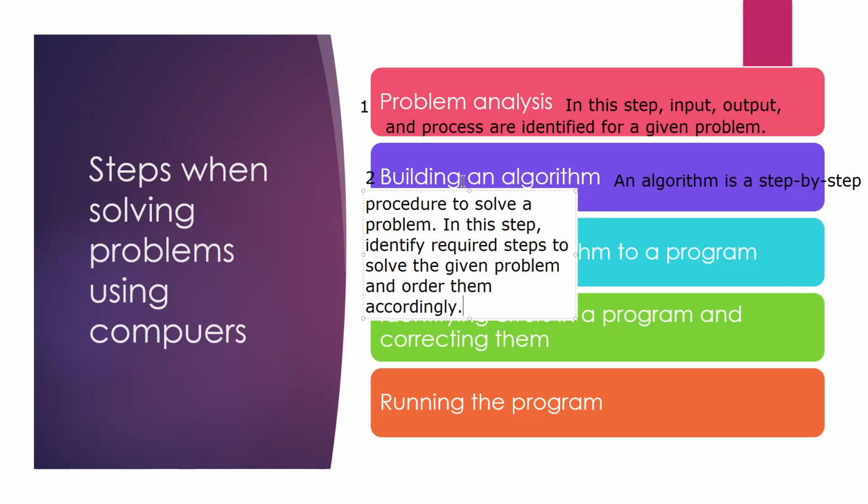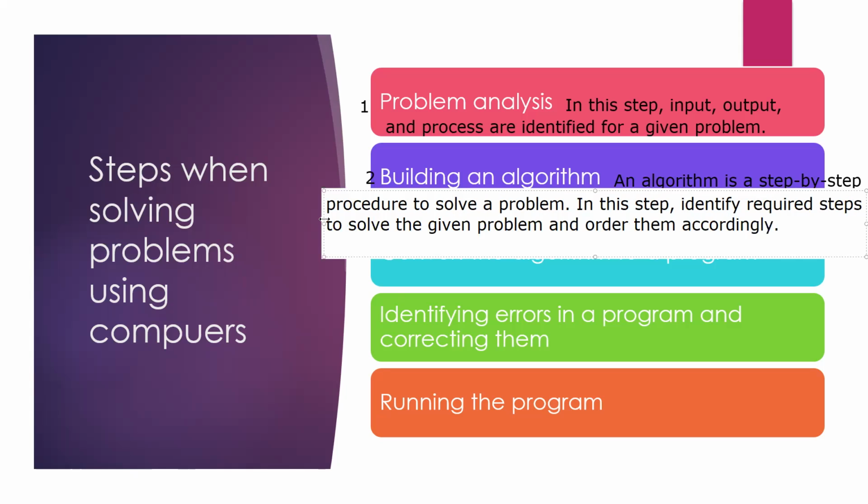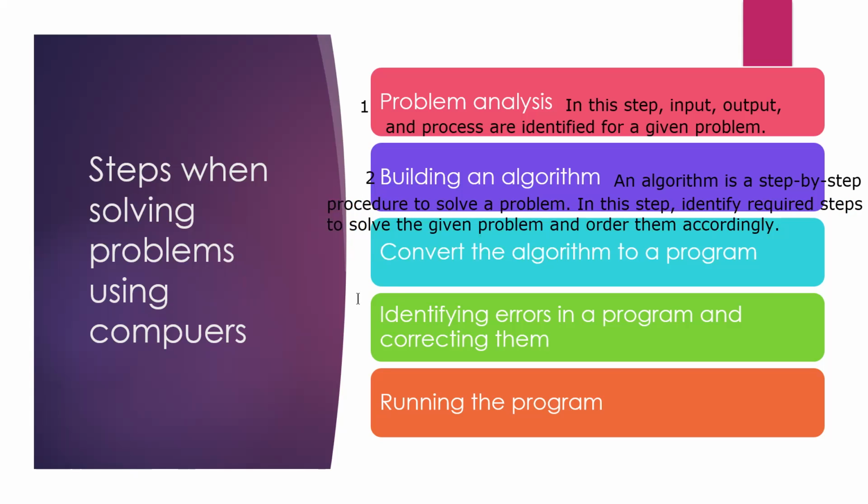Right? So building an algorithm is a procedure which we use to solve a problem. So an algorithm is a step-by-step procedure to solve a problem. In this step, identify required steps to solve the given problem and order them accordingly.